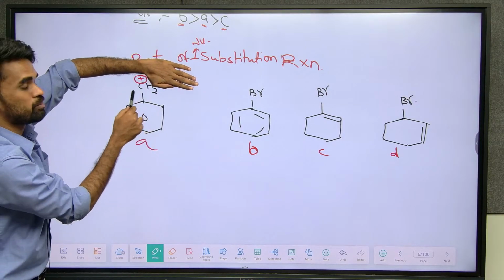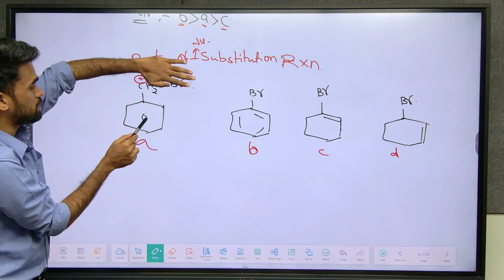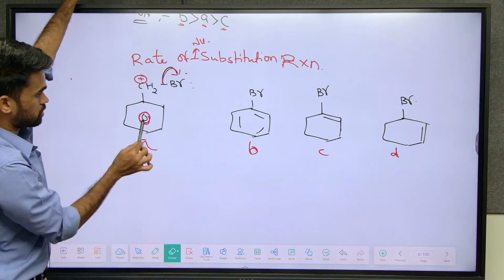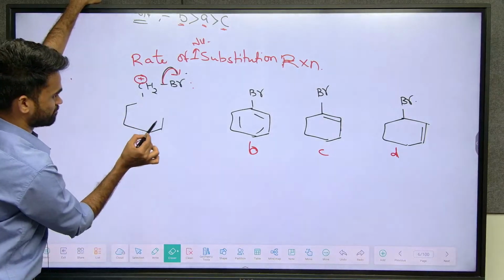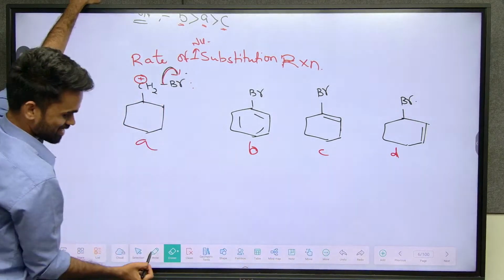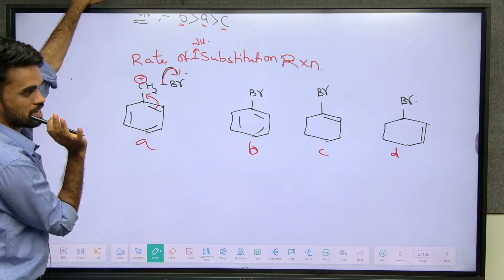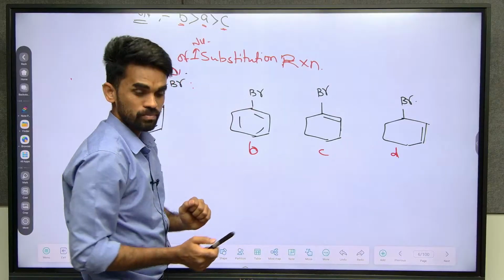Phenyl ring with one CH2 group is a benzyl carbocation. Benzyl carbocations are stabilized by these pi electrons. Okay, like this it will be stabilized. Yes or no?